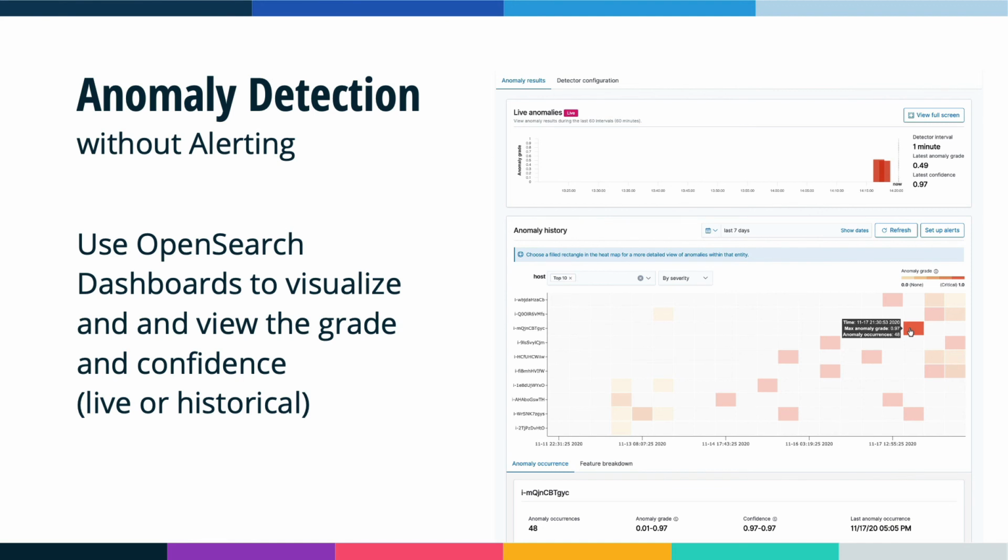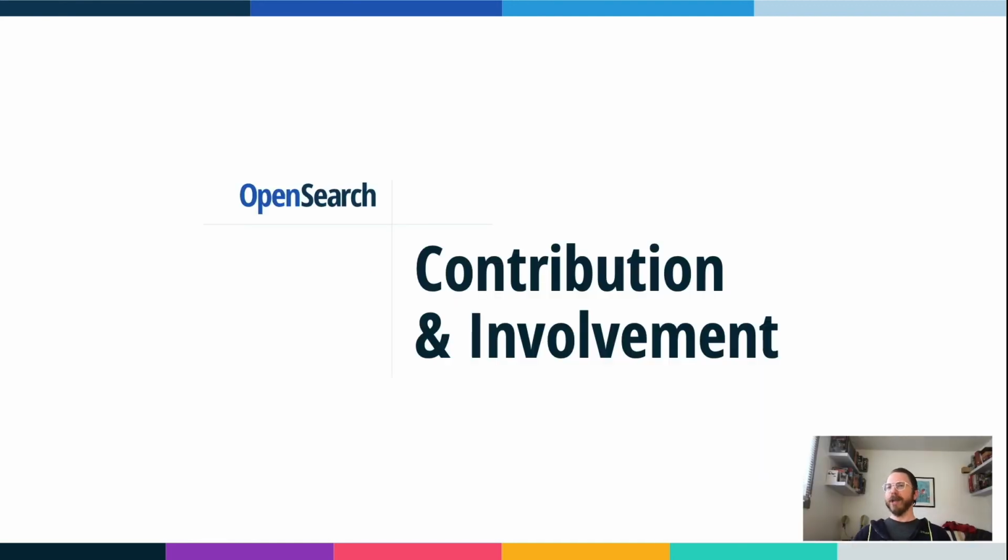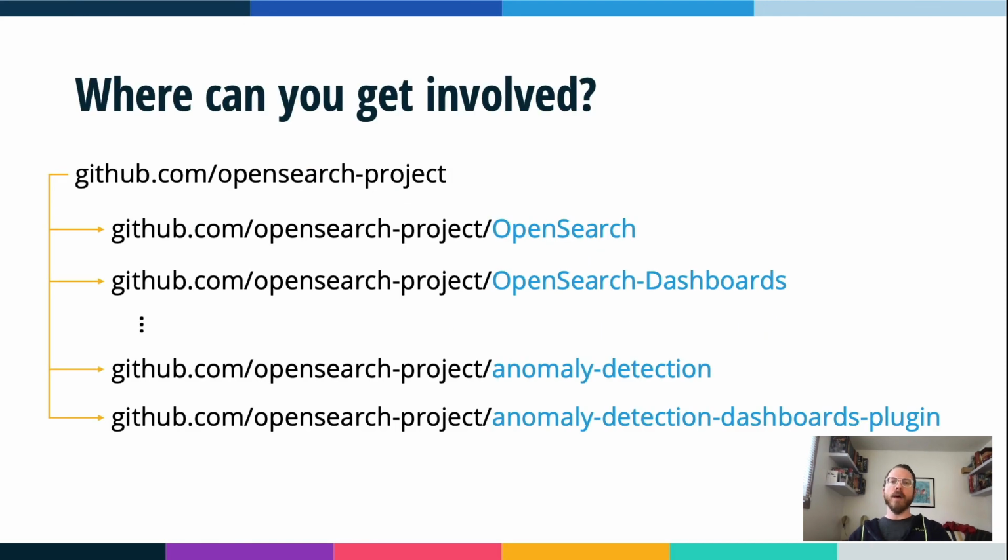Now, I do want to spend a few moments talking about how you can get involved with OpenSearch. This is a general thing, but also if you want to get involved directly with anomaly detection or alerting, they're both open source, and we have people contributing to these, and we hope to have more. GitHub, of course, is a great way to get involved with most open source projects.